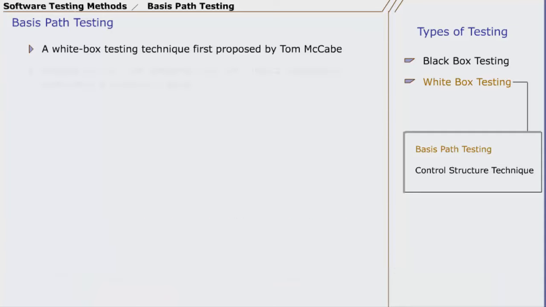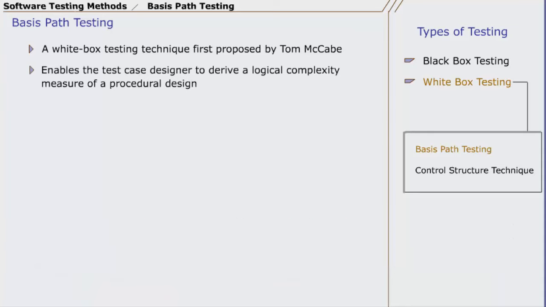The basis path method enables the test case designer to derive a logical complexity measure of a procedural design and use this measure as a guide for defining a basis set of execution paths. Test cases derived based on basis path technique execute every statement in the program at least once.